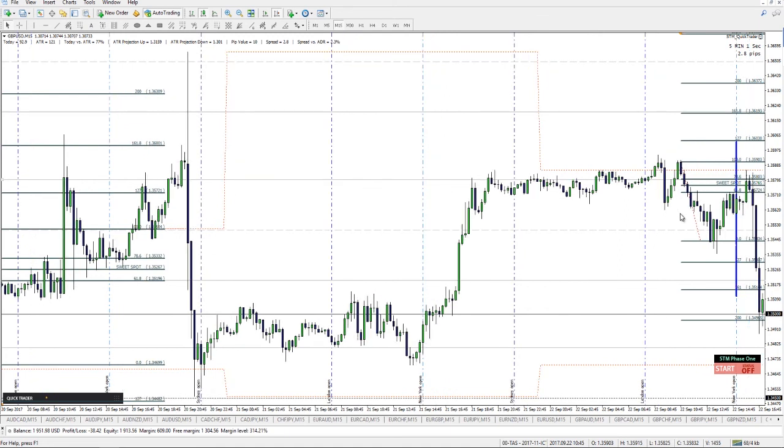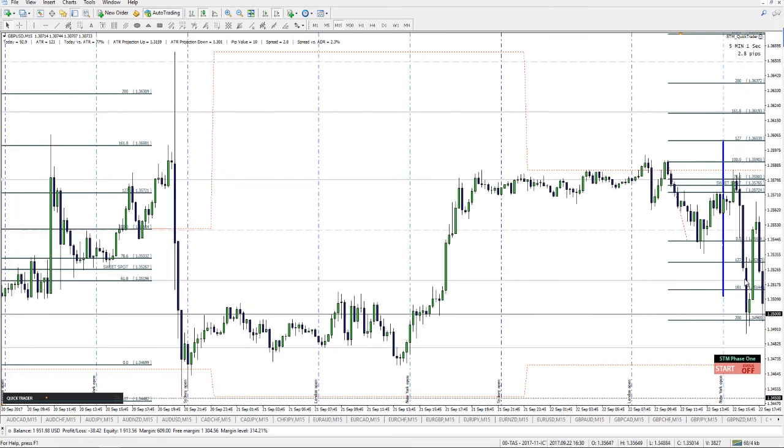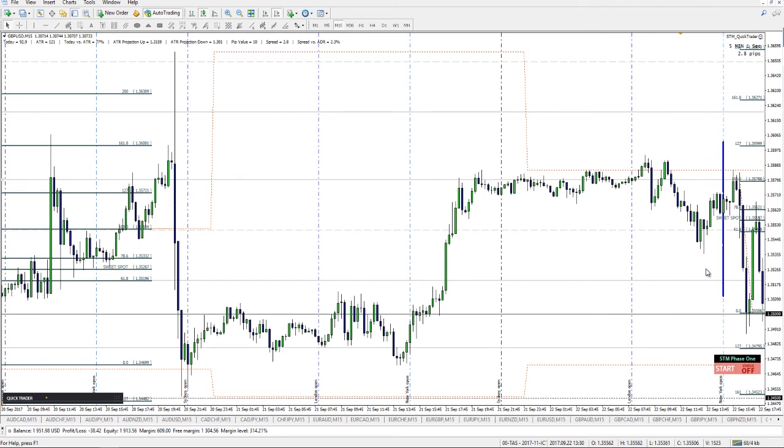So my entry would have been triggered. This would have taken me to full profit immediately, but then look what happens again. It gives you another entry. Look how fast that went down as well. That's what happened this week on the pound.